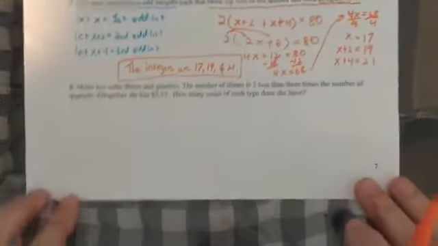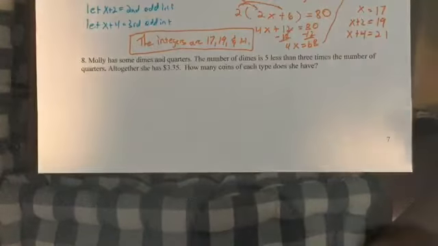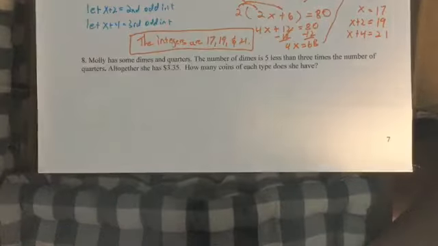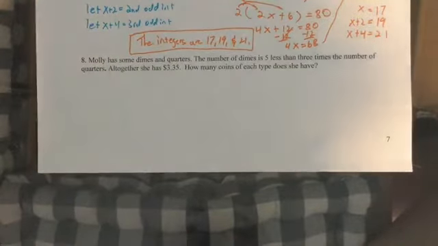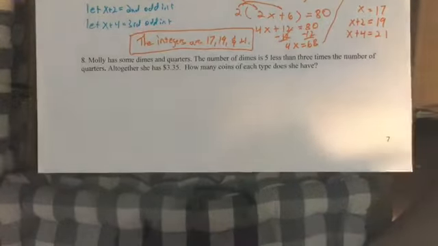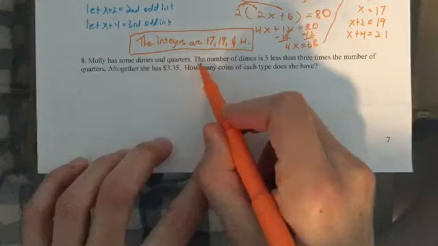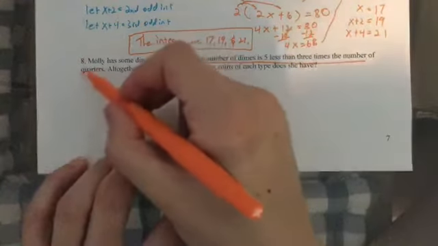Okay. Last problem, last word problem. Molly has some dimes and quarters. The number of dimes is 5 less than 3 times the number of quarters. Altogether, she has $3.35. How many coins of each type does she have? Okay, so let's start with our let statement. She's got dimes and quarters. The number of dimes is 5 less than 3 times the number of quarters.